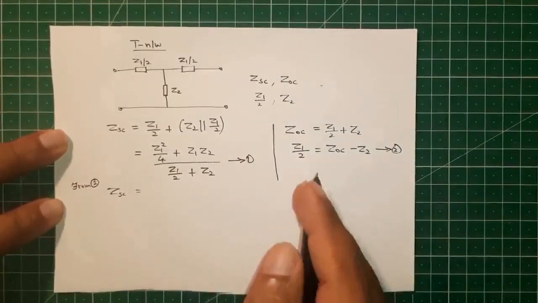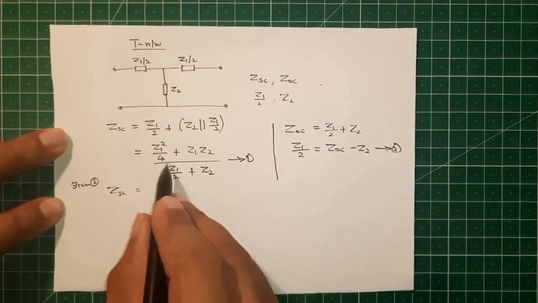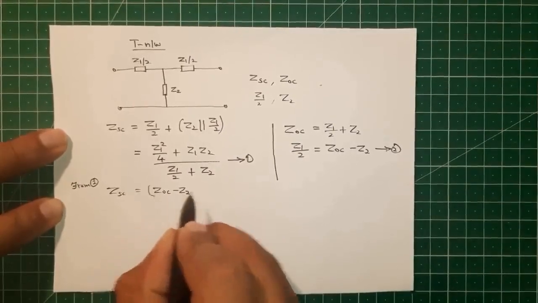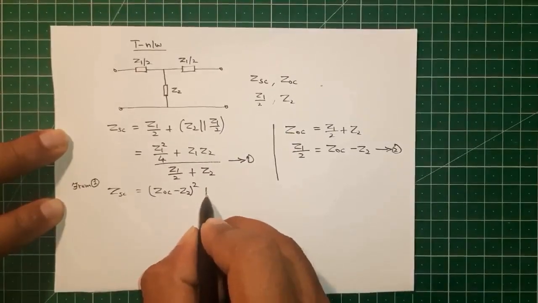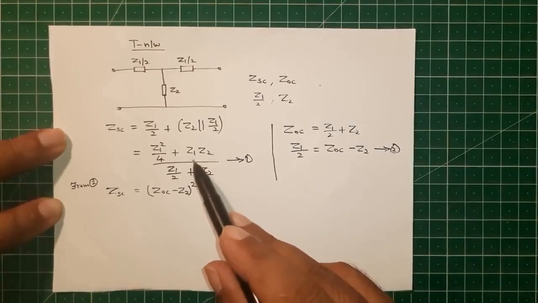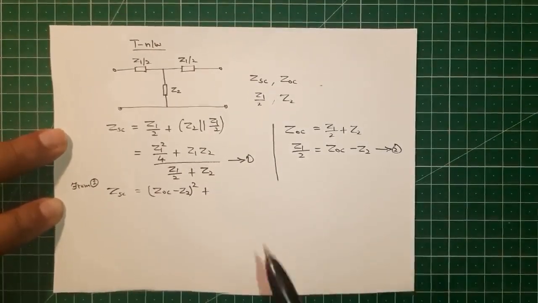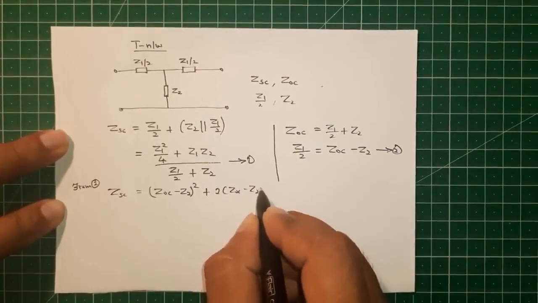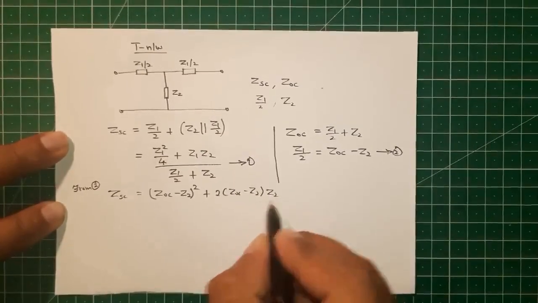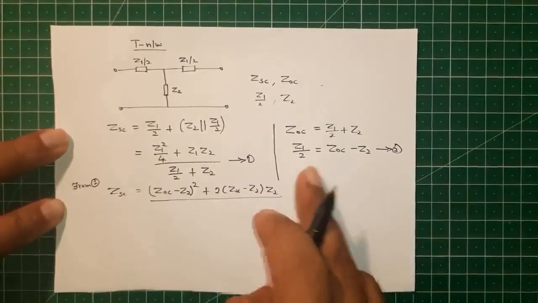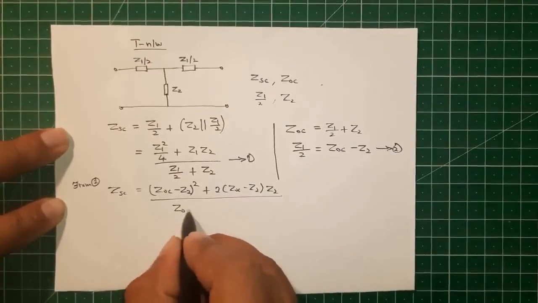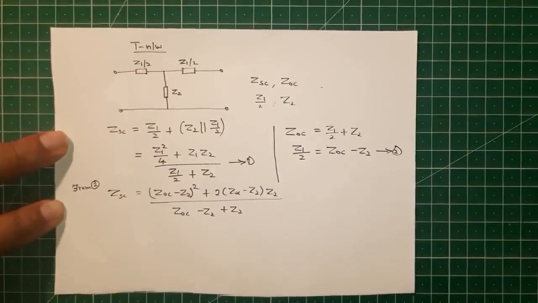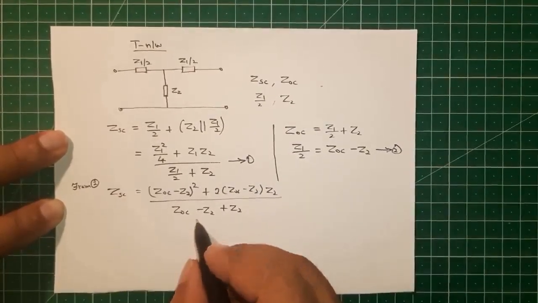You can write Z1 square by 4 as ZOC minus Z2 whole square, plus Z1 is 2 into ZOC minus Z2, into Z2, divided by Z1 by 2 is again ZOC minus Z2 plus Z2. So we can cancel certain terms here.